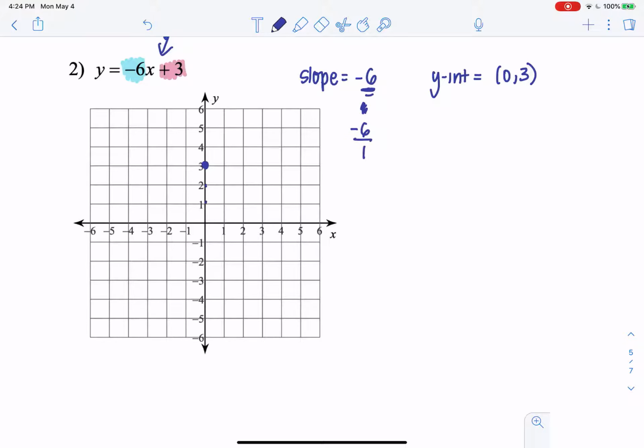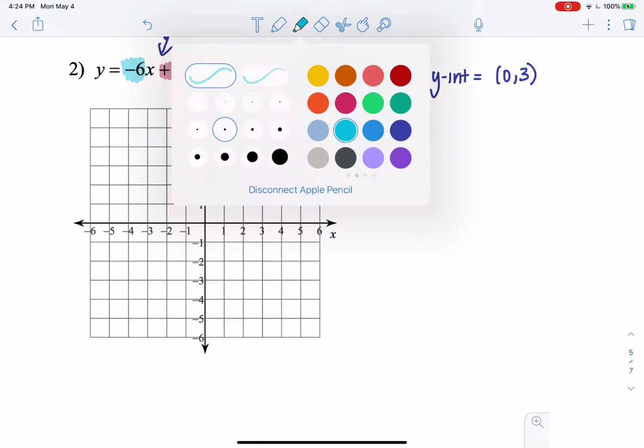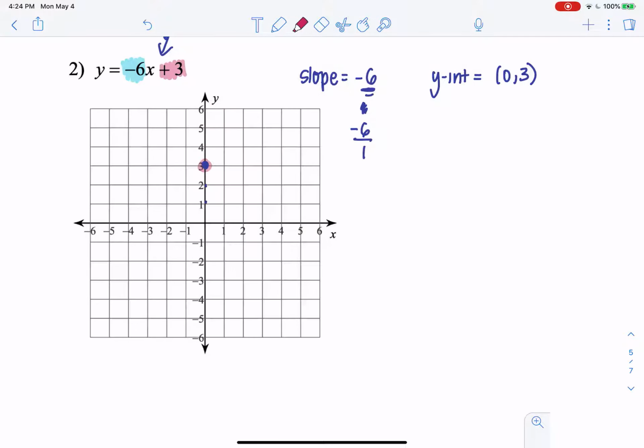So that means from our y-intercept, we're going to go down 6 because that negative means down. 1, 2, 3, 4, 5, 6. And then to the right 1 because that's a +1. Try to do one more point. Down 1, 2, 3, 4, 5, 6. To the right 1. And we're going to have a pretty steep line right there.